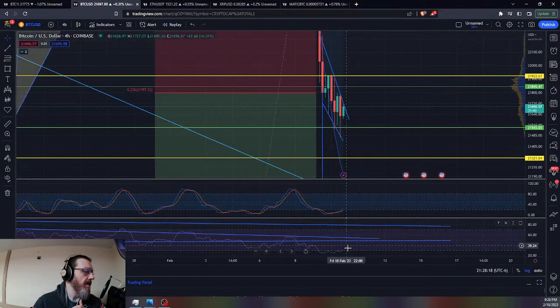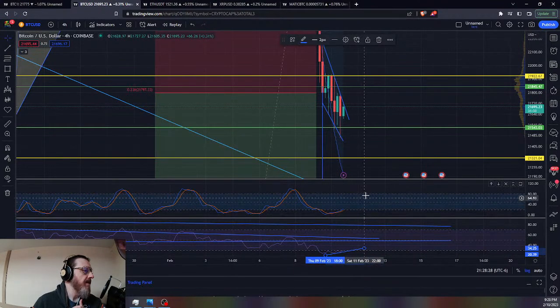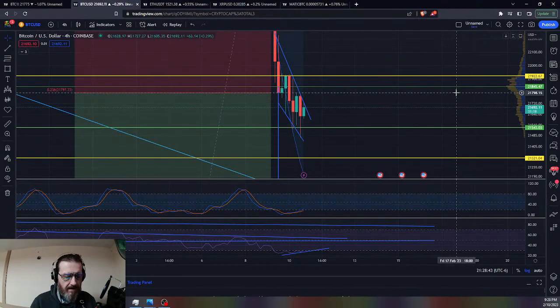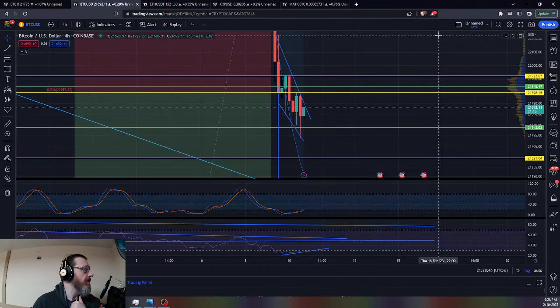But there is divergence as well on the price action on the 4-hour, so we do need to heed that. That is moving with that Stochastics RSI, and that is hugely important for us right now in terms of where price action is at. So I do think that's going to show us a relief move. Where that move takes us exactly, that's going to be an entirely different story.